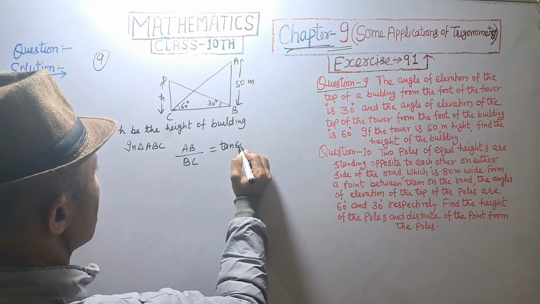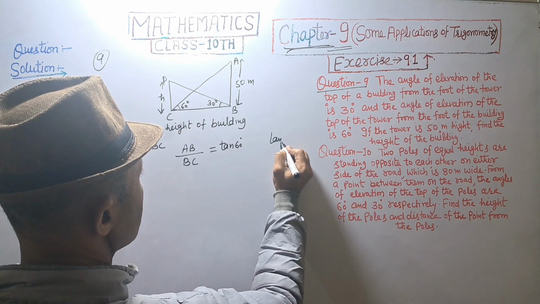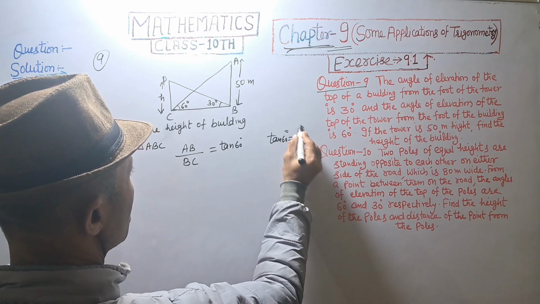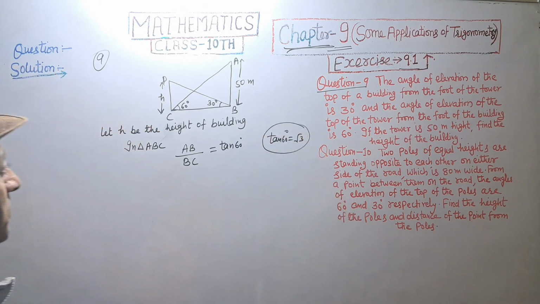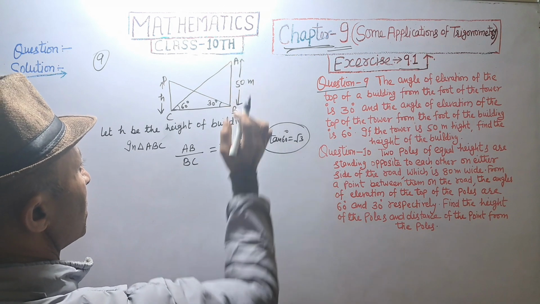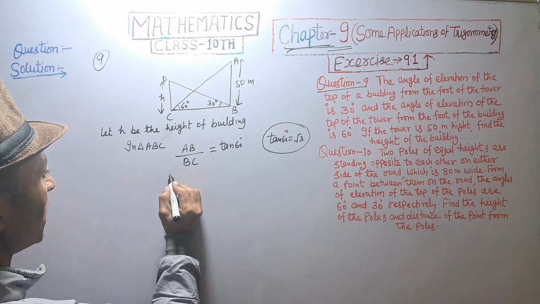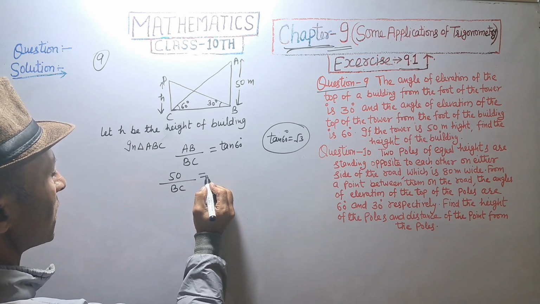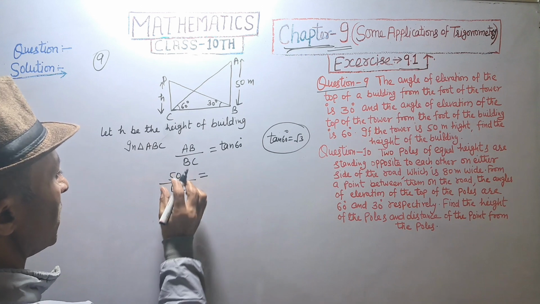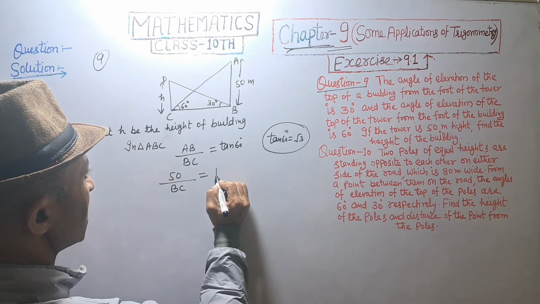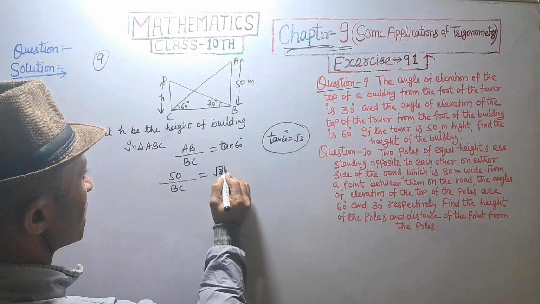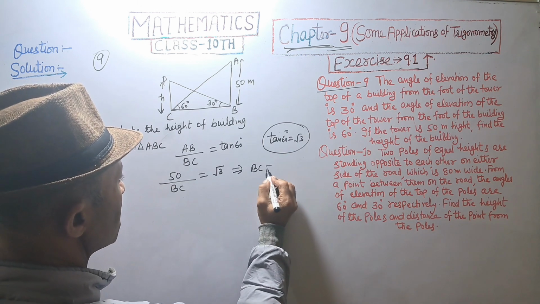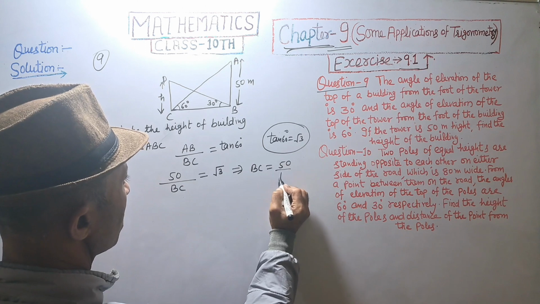The angle is 60 degrees. Tangent 60 degrees is equal to root 3. We have given AB is 50, and AB upon BC is equal to tangent 60 degrees, root 3. This implies BC is equal to 50 upon root 3.